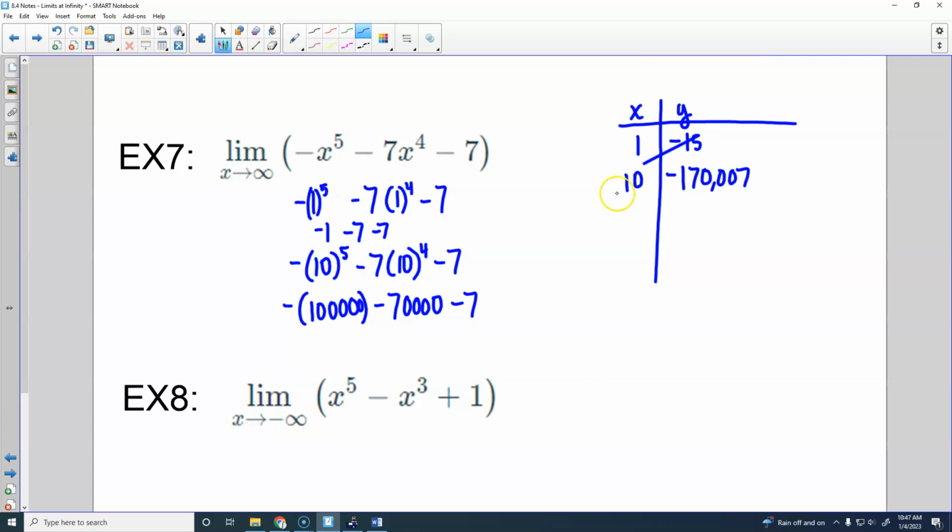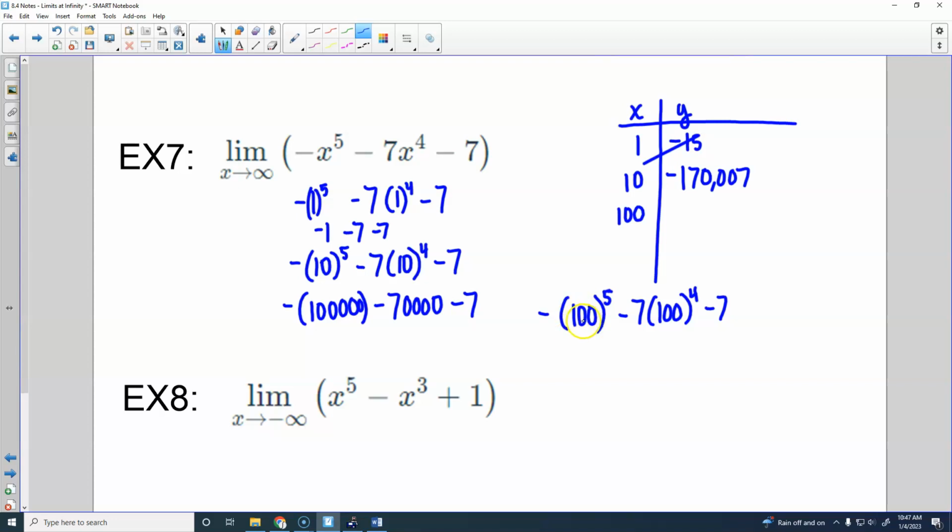Okay, I'm going to do one more by hand just because I want you to see what's happening here. And then I'll show you how to do this without having to do every one by hand. So now I've got negative 100 to the 5th minus 7 times 100 to the 4th minus 7.